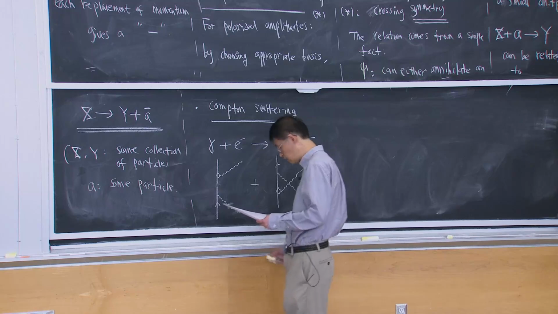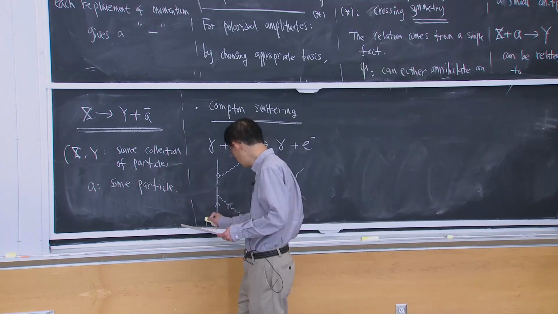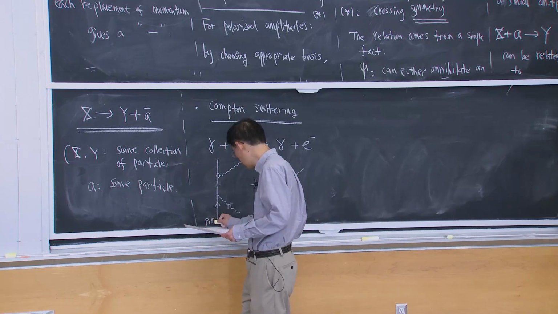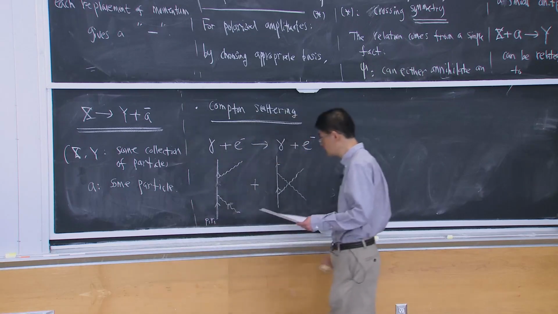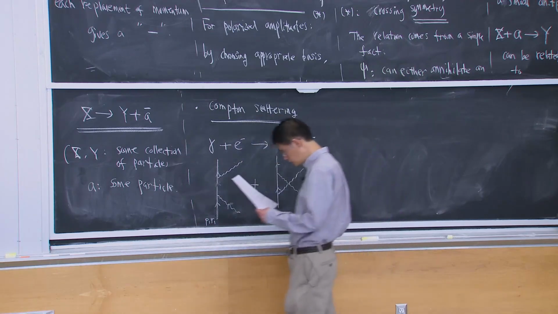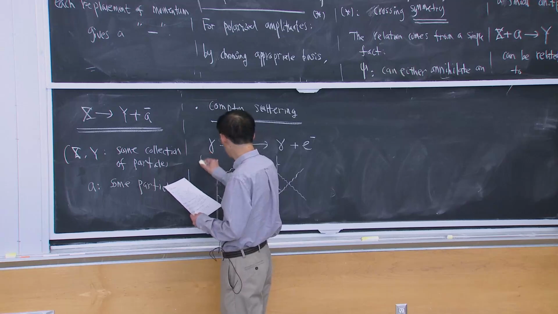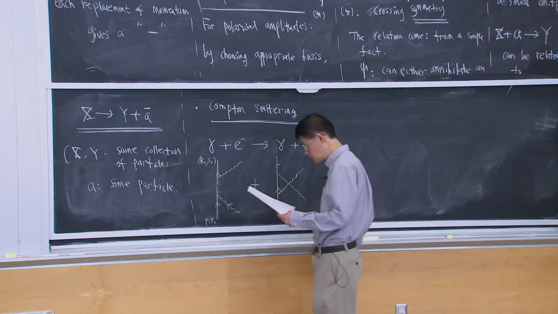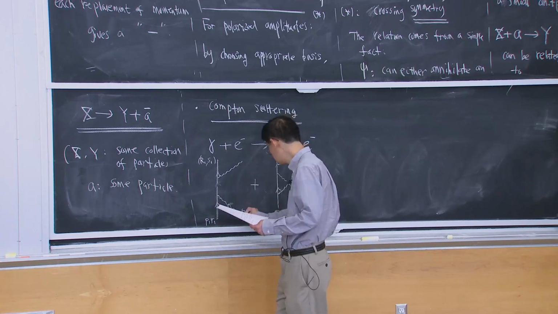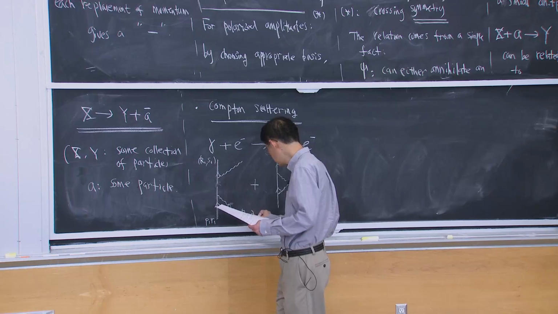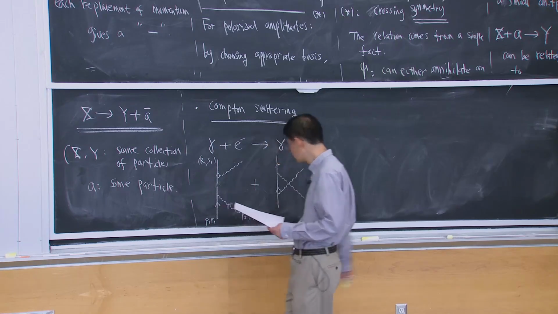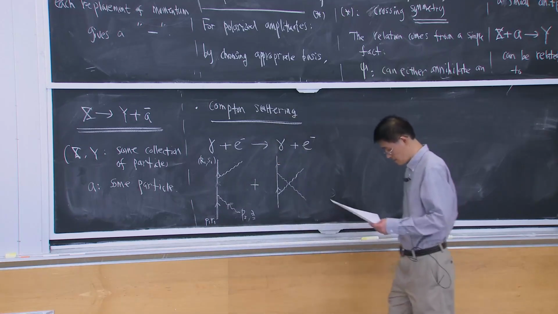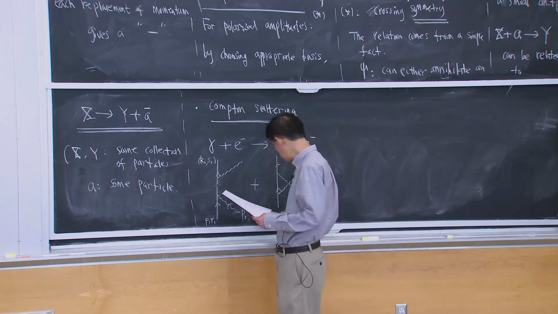Okay, so now let me put some labels on the diagram. Again, the fermion is P1 R1, the electron initial state, and let's put its final state to be K1 S1. And the photon, let's put its initial state to be P2 alpha, where alpha is the polarization of the photon, so call it alpha 1.